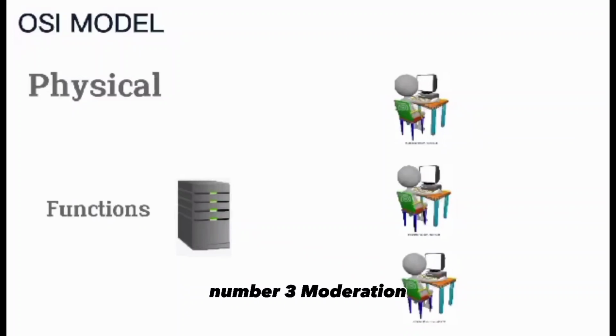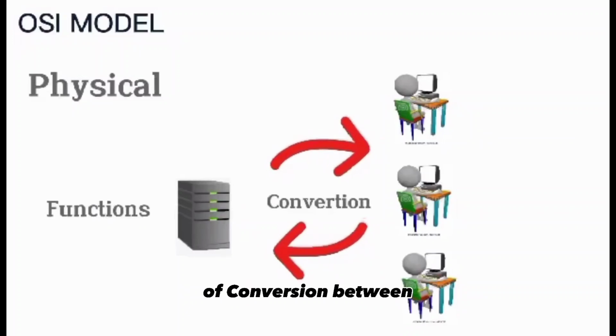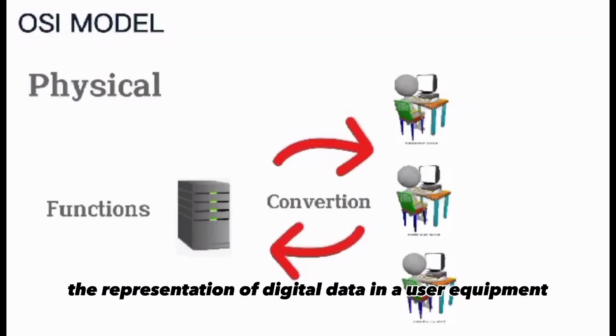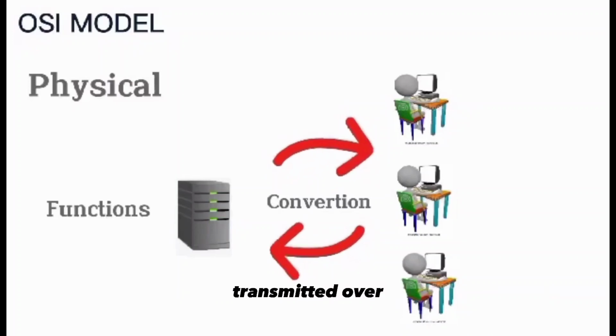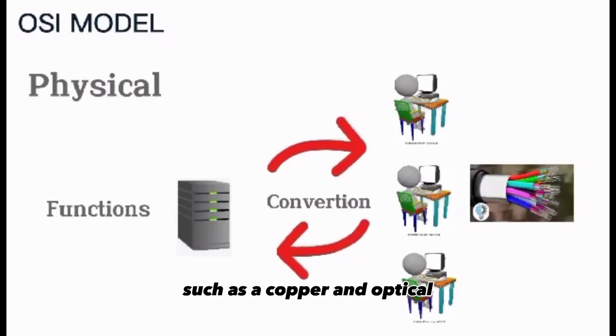Number 3, modulation or conversion between the representation of digital data in user equipment and the corresponding signals transmitted over a communication channel. These are signals operating over the physical cabling, such as copper and optical fiber, or over a radio link.